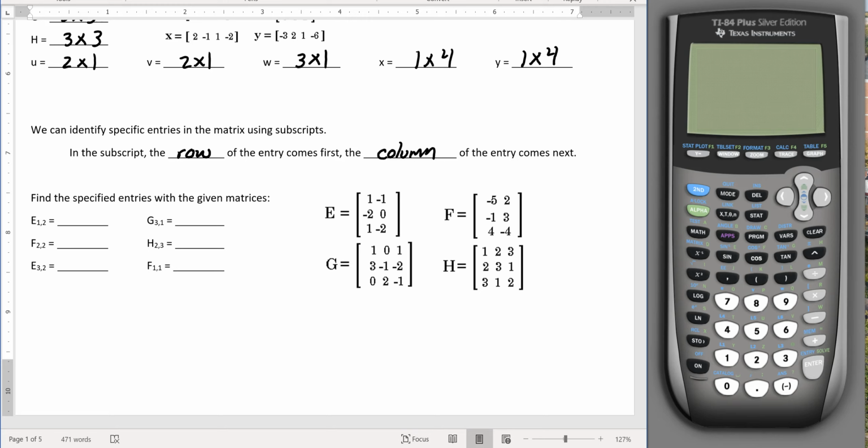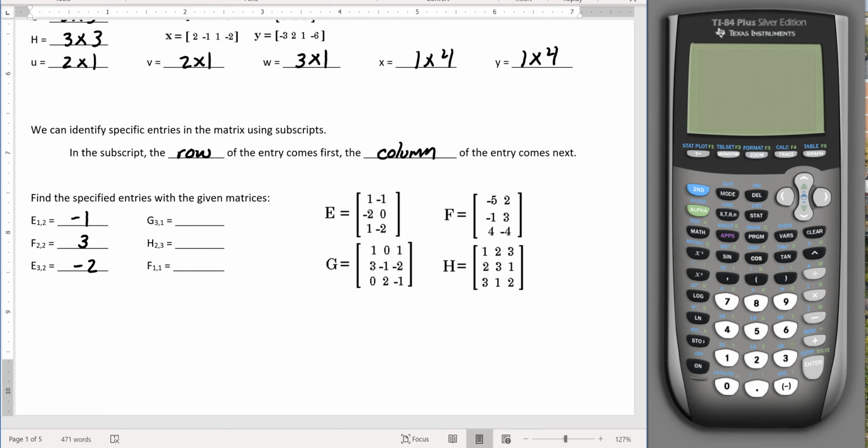So E, first row, second column, -1. And that's all that is. F of 2, 2. So F, second row, second column, 3. E of 3, 2. Third row, second column, -2.